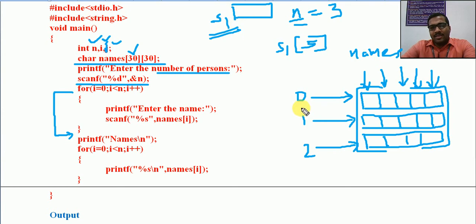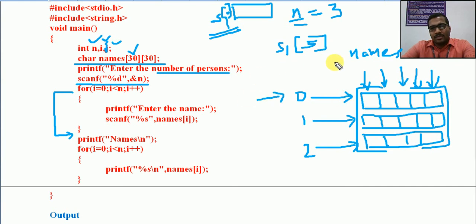Now where this single row is present, it is present in s1 of 0. S1 of 0 is actually holding the address of the first memory location. Now how can we access this location? That's what I am saying.